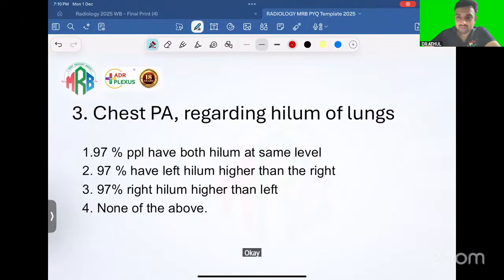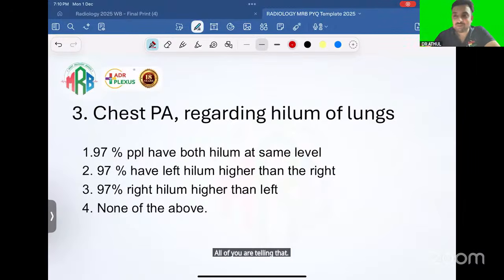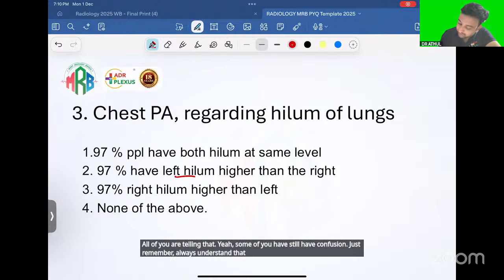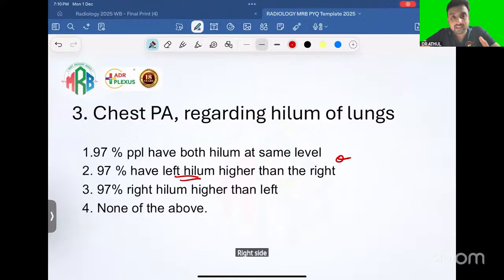Okay. So in a chest radiograph, there are 2 hila, right hilum and left hilum. So all of you are telling that... Yeah, some of you still have confusion. Just remember, always understand that left hilum is at a higher level than the right hilum. Left hilum is always higher than right hilum. It is because on the right side, there is an eparterial bronchus.